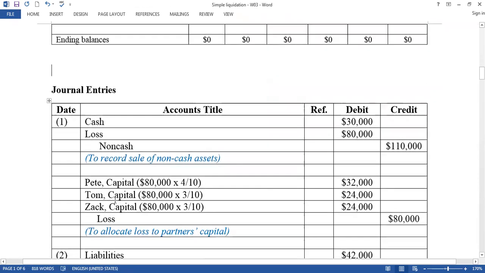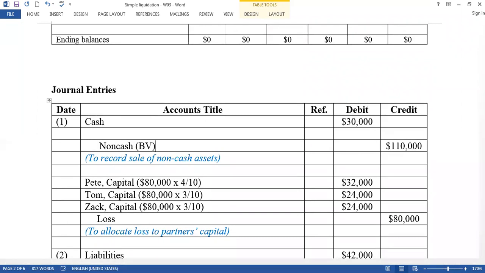So look at the journal entry here. This is the book value of our asset.